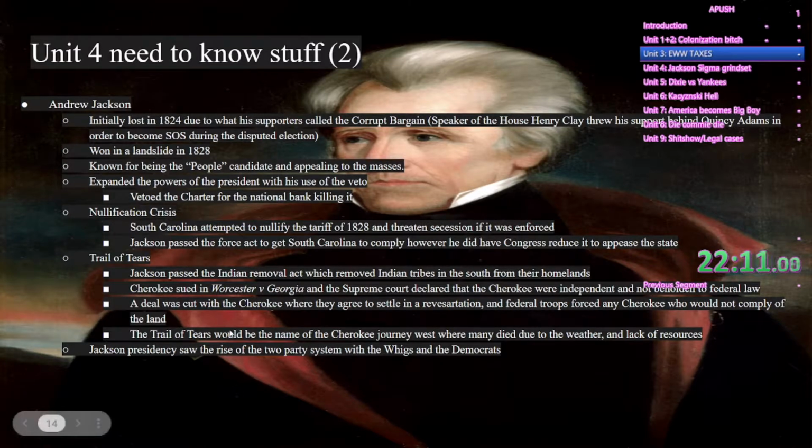The Cherokees' march west would be known as the Trail of Tears, and many Cherokee would die due to poor weather and lack of resources.